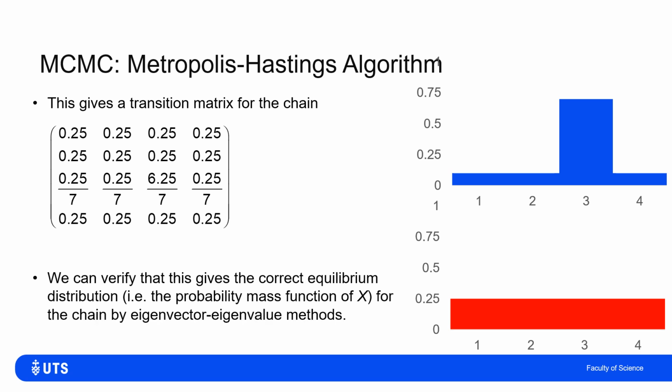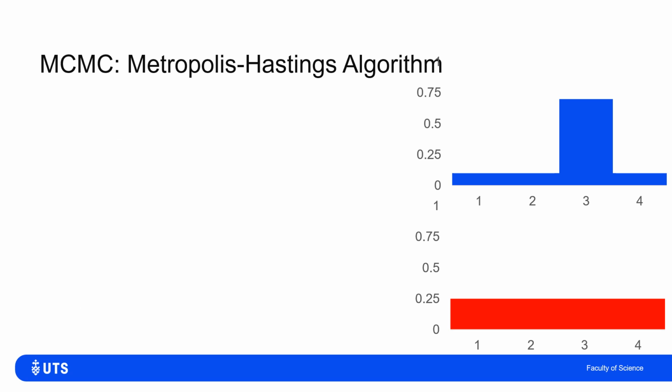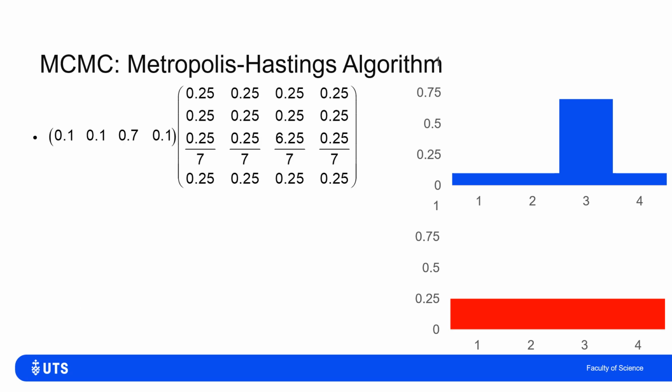So now I can reach for the eigenvector eigenvalue methods to verify that this does indeed give me draws from the target distribution. So I'm claiming that the target distribution, which I'm going to get to using this proposal distribution and the Metropolis-Hastings acceptance probability, is 10%, 10%, 70%, 10%.